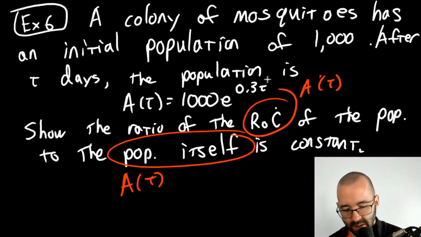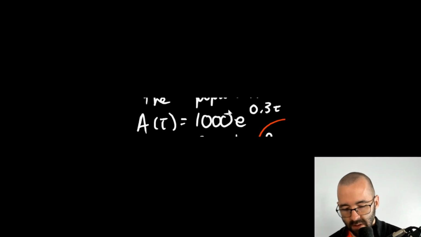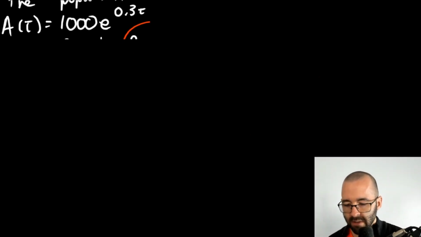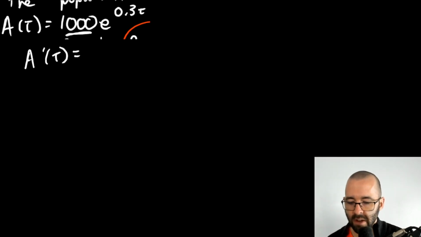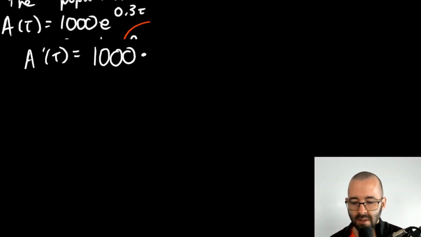All right, so let's just copy down this formula and find the derivative. When we take the derivative, we have a number times a function. We can use the constant multiple rule. It's going to be 1,000 times just this derivative. Derivative of an exponential function is itself times the natural log of the base.